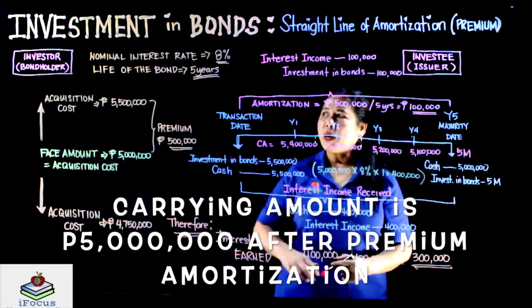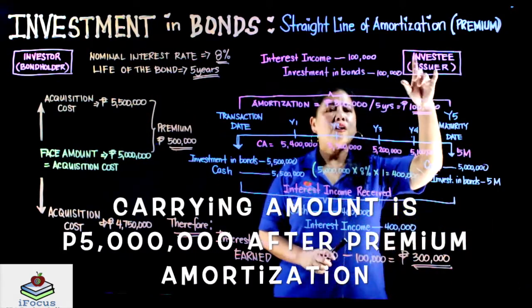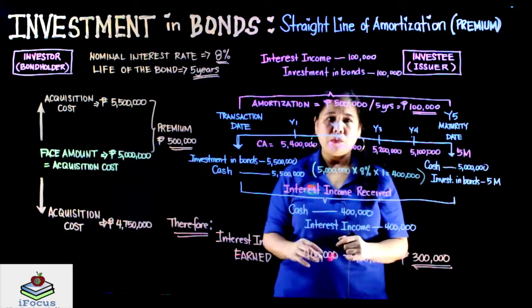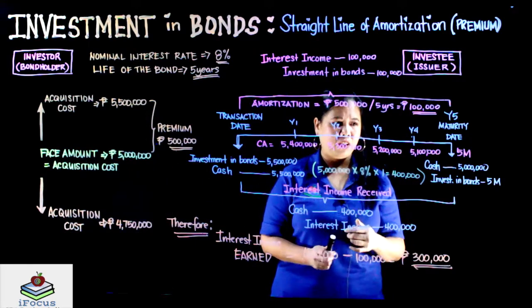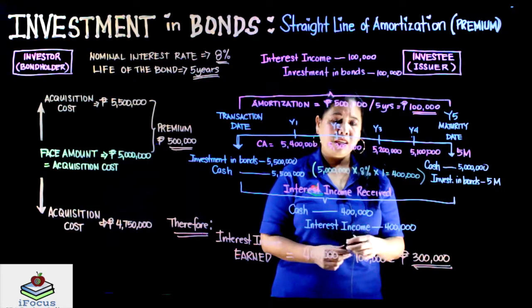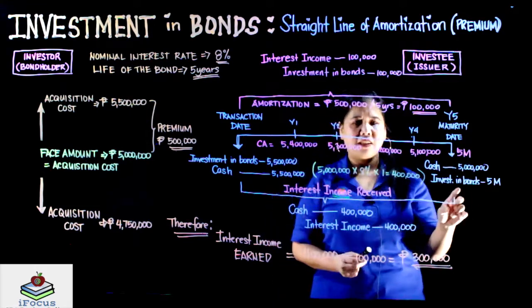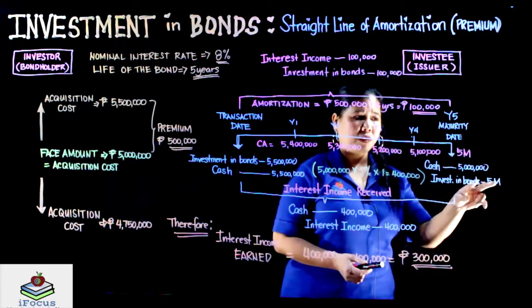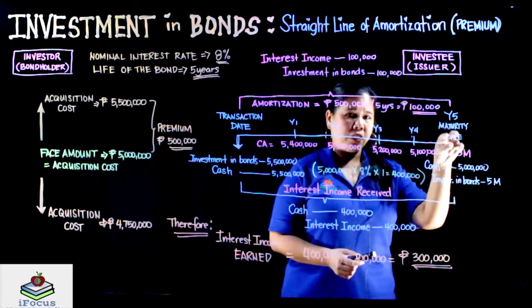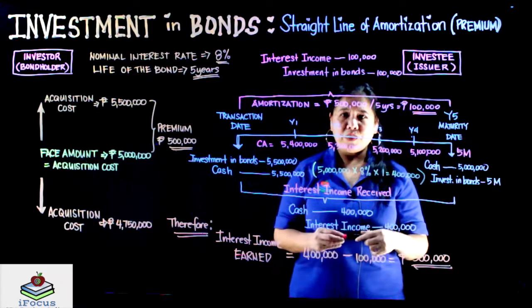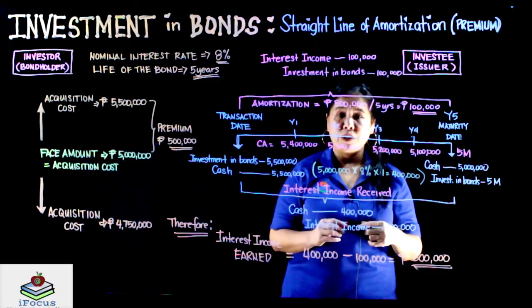So when the investor receives from the investee the face amount of the bonds of 5 million, the entry is a debit to cash of 5 million, and he closes his investment in bonds of 5 million. On the maturity date, the carrying amount of his investment in bonds is just 5 million.